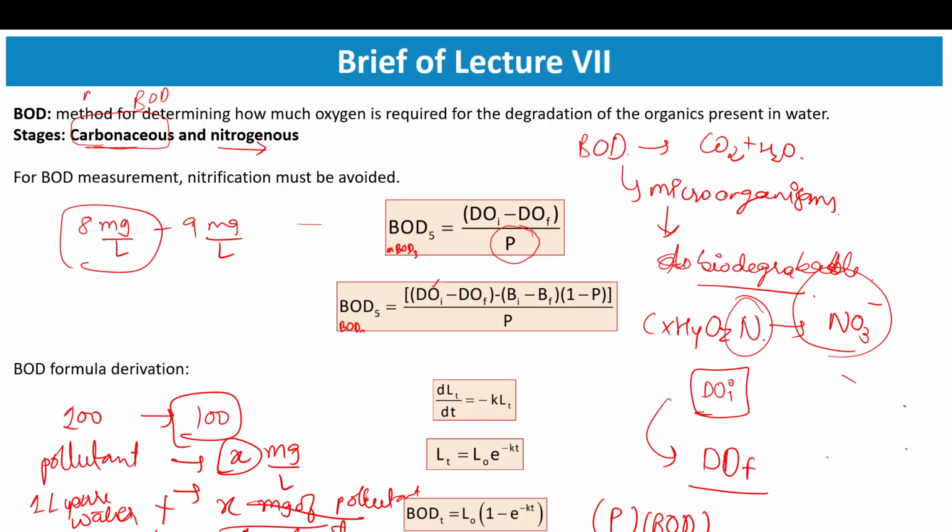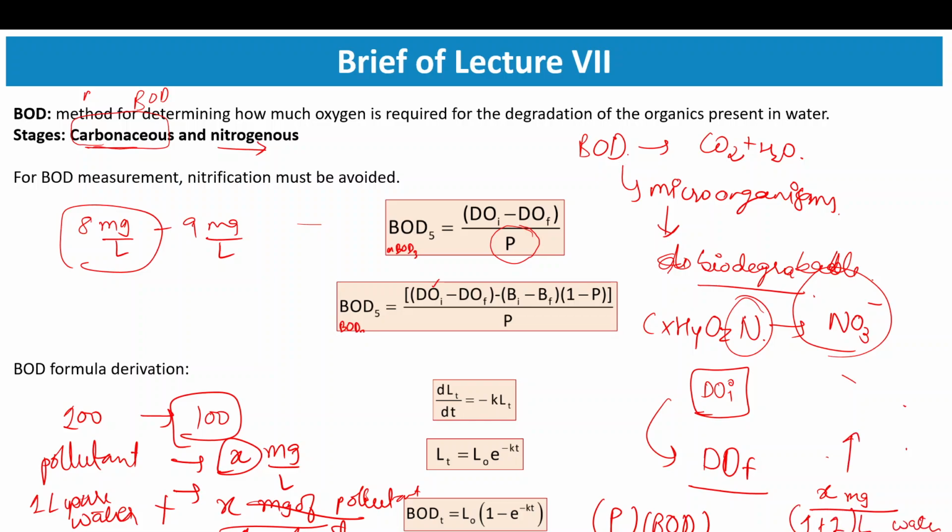So now this X milligrams of pollutant, it is present in how much amount of water? X milligrams per 1 liter was already there, right? And you are adding 1 more liter, right? So 1 plus 1 liter of water.